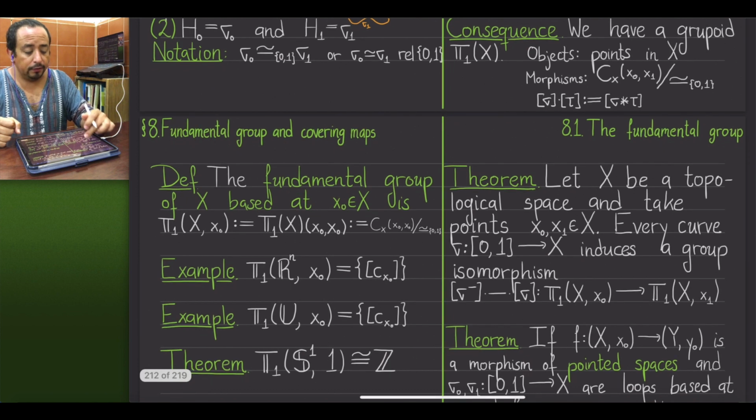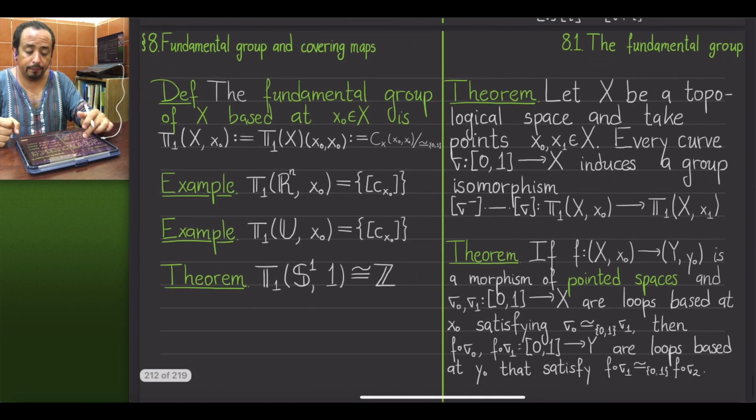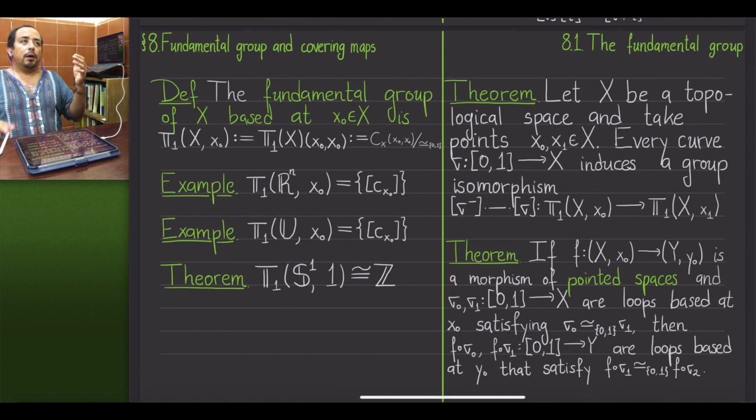But okay, so let's now define the fundamental group. Because you see, if you have a groupoid, every morphism is invertible. So if you pick an object, the endomorphisms of this object form a group, right?